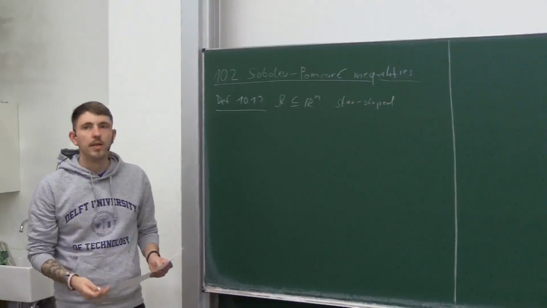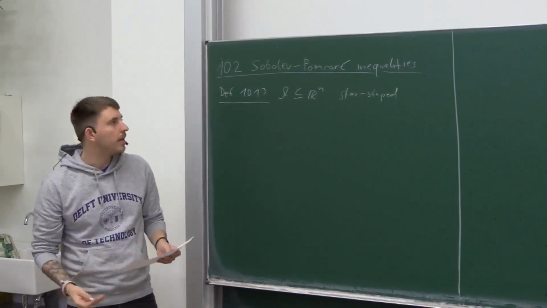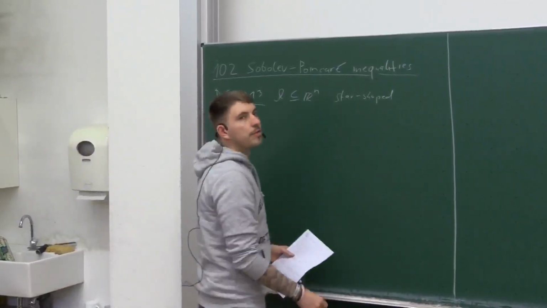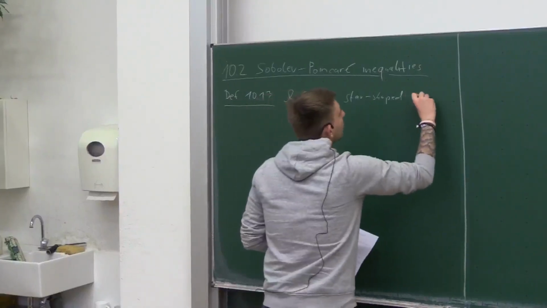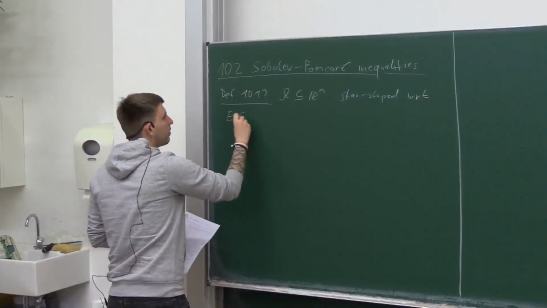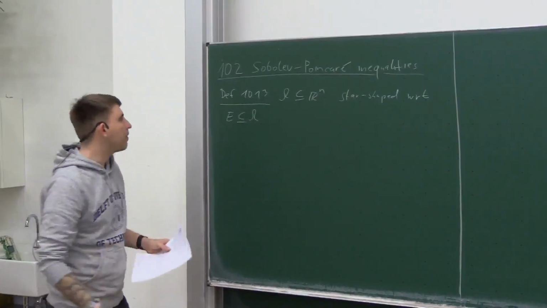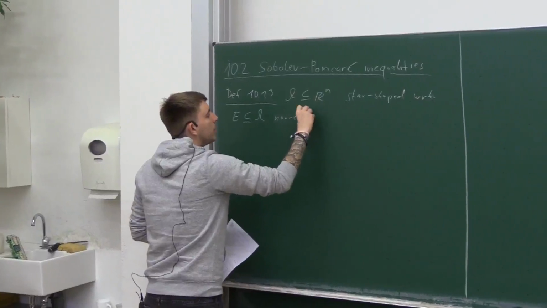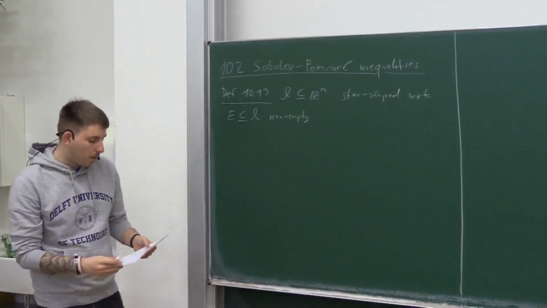There we usually discuss star shape with respect to one point. Here we don't want star shape with respect to one point, but with respect to some anchor set E, which is a subset of omega. And we also want that it's non-empty. If it were empty, then this statement would be a bit void.